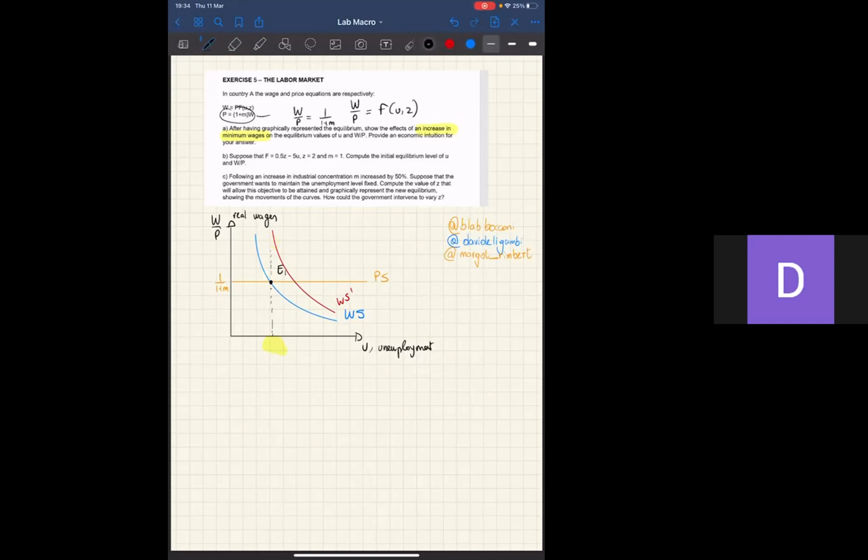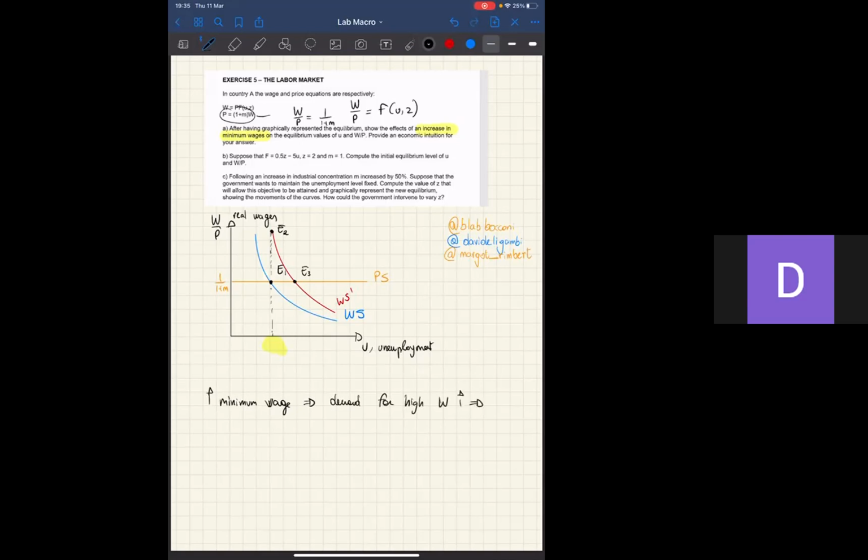So our new equilibrium wouldn't be this one because it's not on the price setting. It would not be E2, but in reality it would be this one, E3. And why is this? Because, as we've said before, if you increase the minimum wage, we're going to have people demanding higher wages. So demand for high wages increases.